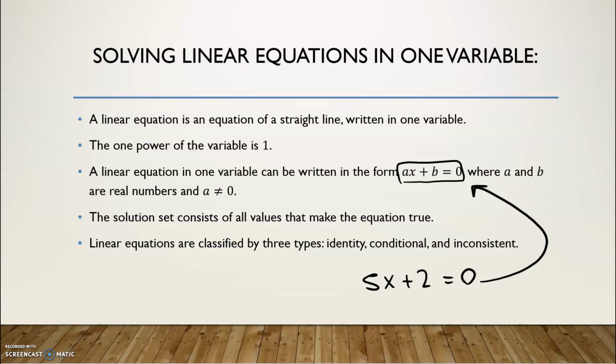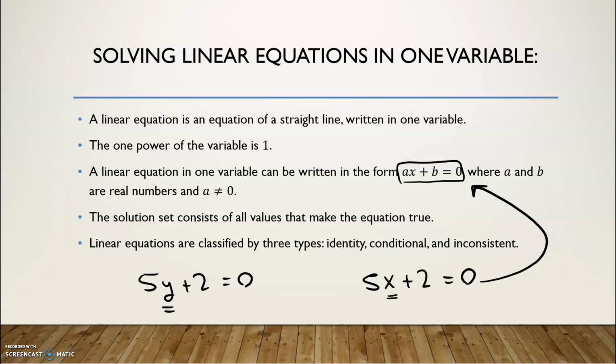Now notice I only have one variable, x. So that's what we're dealing with, equations in one variable. It doesn't have to be x, it could be 5y plus 2 equals 0. But I only have one letter in this equation, so that's one variable.